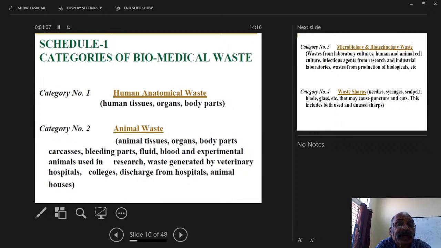Schedule 1, categories of biomedical waste. Category number 1, human anatomical waste: human tissues, organs, body parts, etc. Category number 2, animal waste: animal tissues, organs, body parts, carcasses, bleeding parts, fluid, blood, and experimental animals used in research, waste generated by veterinary hospitals, colleges, discharge from hospitals and animal houses.